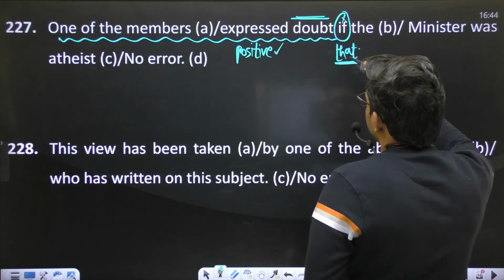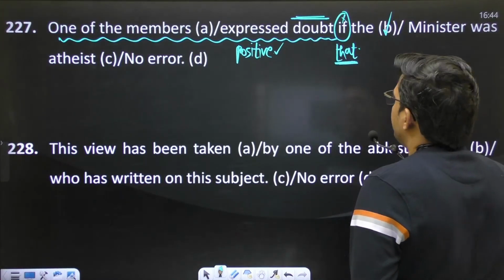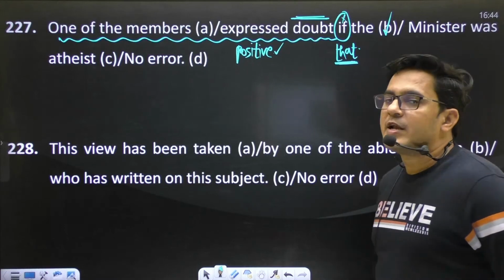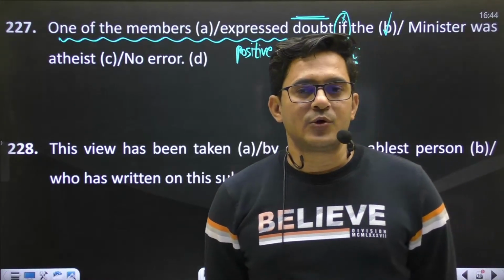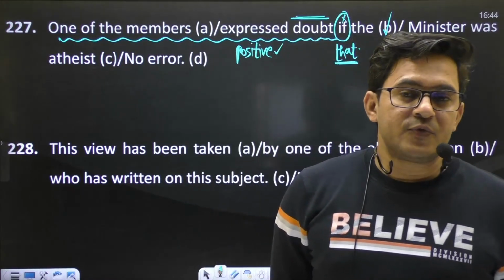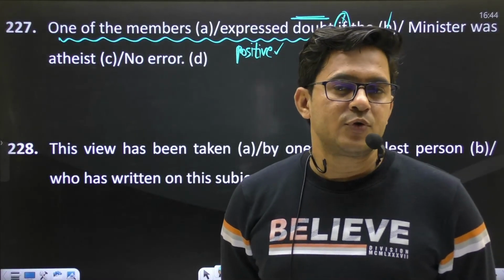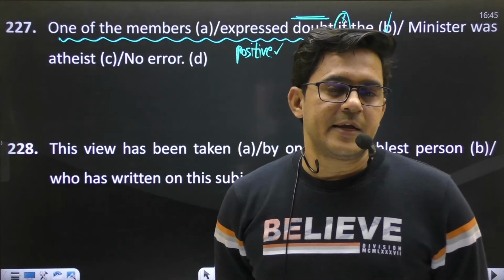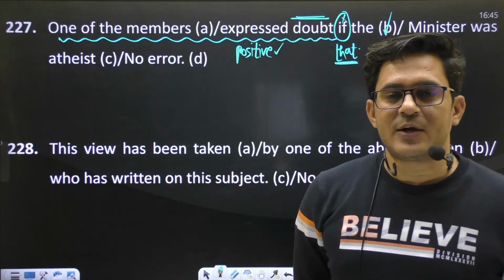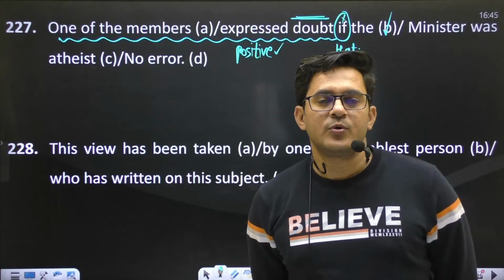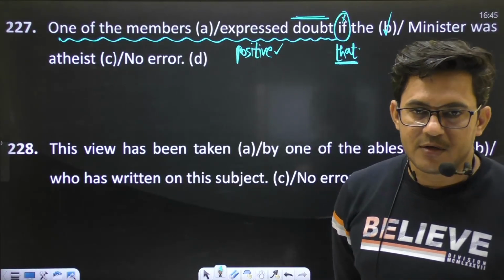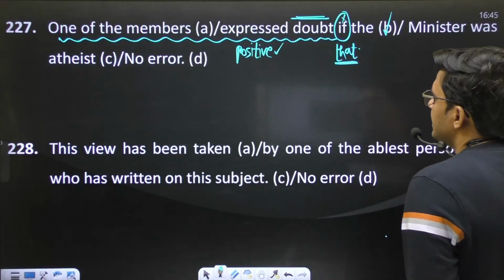The conjunction that will be there, and you have an error in part B. Whenever you get the word doubt or doubtful, if the sentence is positive, you have to use the conjunction that, and if the sentence is interrogative, in that situation we use the conjunction if or whether. So option B is the right answer.